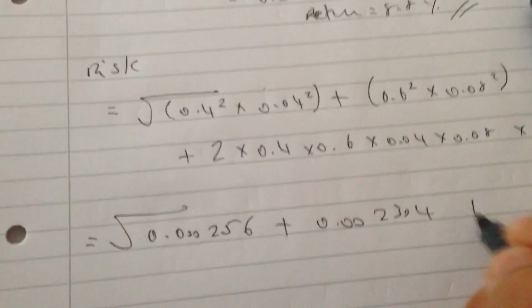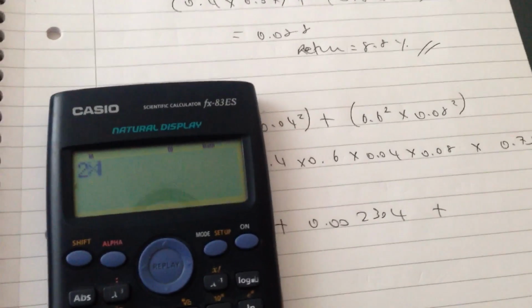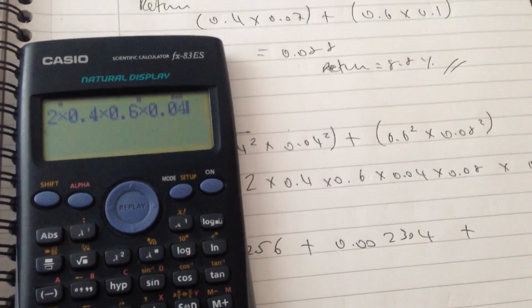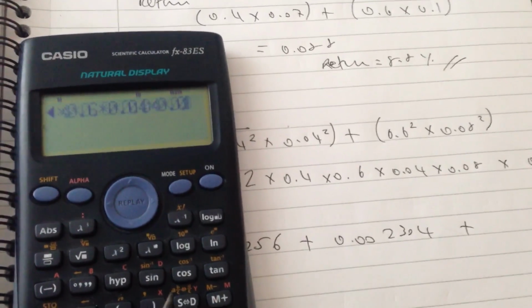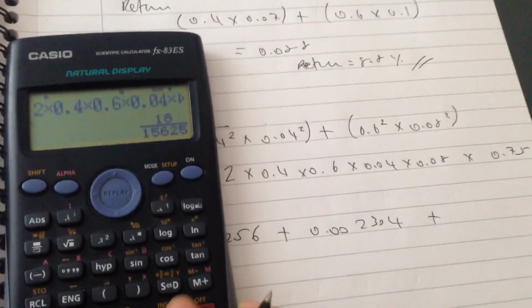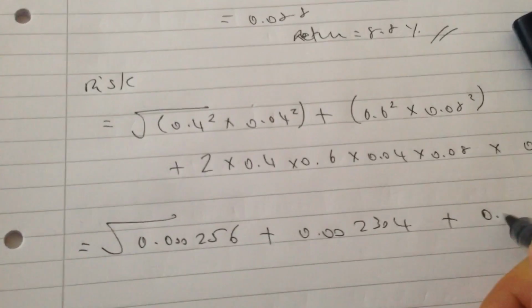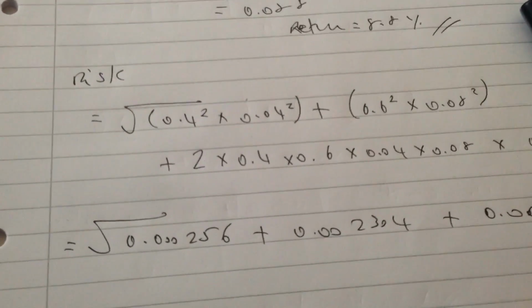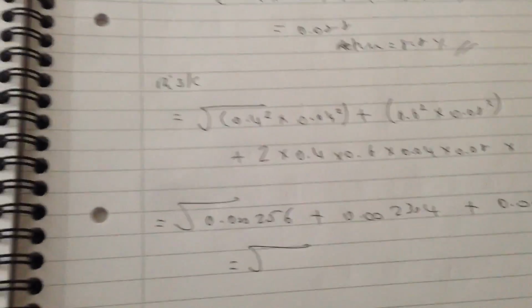Third bit, 2 times 0.4 times 0.6 times 0.04 times 0.08 times the correlation, which is 0.75, equals 0.001152. So we're square rooting.